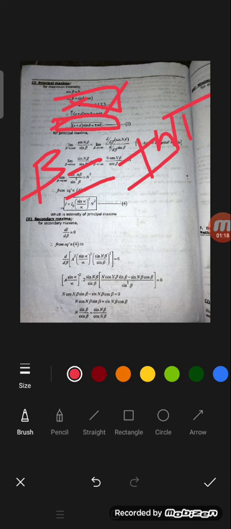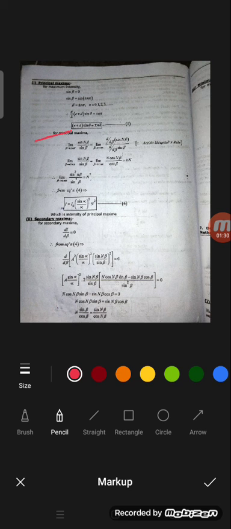So for the principal maxima, if beta tends to plus or minus n pi, then the value of sine beta is equal to 0. Then for sine N beta by sine beta, we have to do the differentiation.